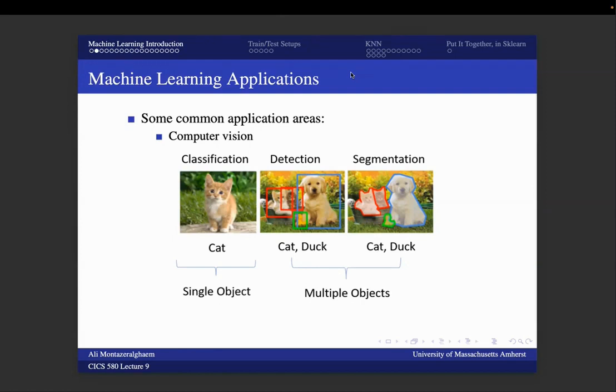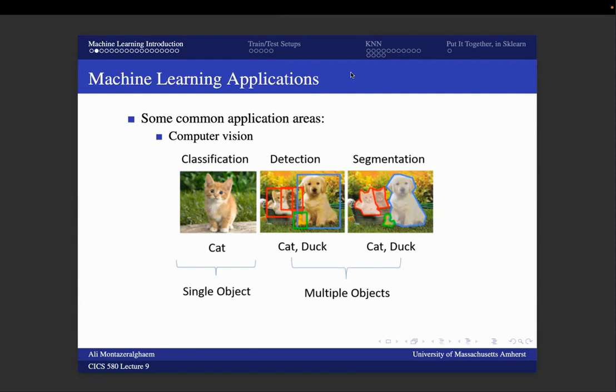The second one is detection. In the detection task, we also have an image, but we want to detect objects in that image instead of just predicting a label for it. For example, here we want to detect a box for the dog, and we want the computer to see a cat in this image, and for each object that we can see in the image, we want to predict a box to detect the exact position of the object in the image.